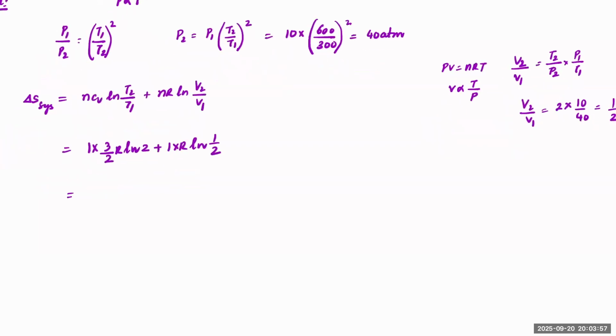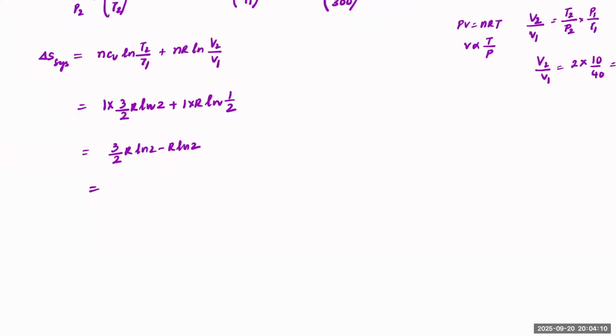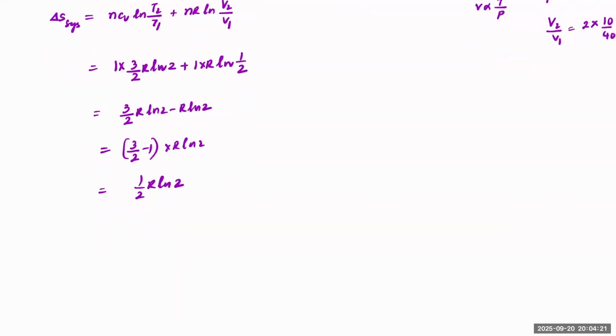So that is equal to 3 by 2R ln 2 minus R ln 2, because that value ln 2 is common factor here. So 3 by 2 minus 1, into R ln 2. So that is equal to 1 by 2 R ln 2. This is the value you should get, and this is the answer given.